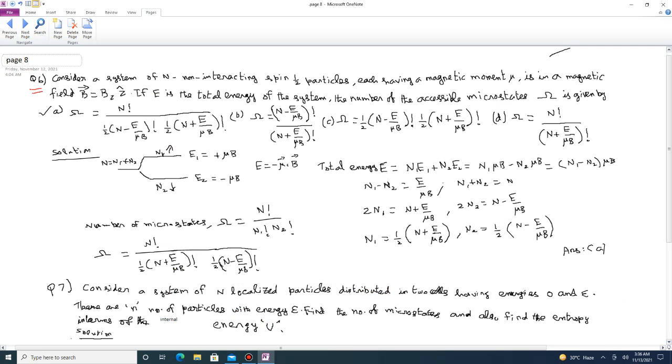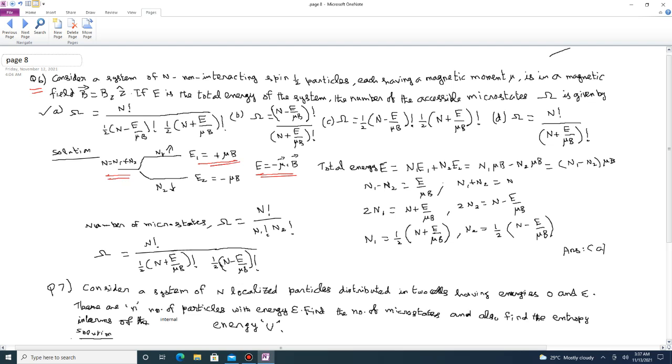Now let us discuss the solution. In the magnetic field it splits into 2 states with different energy, because the energy is E is equal to minus mu dot B. The magnetic moment with the spin plus half will have E1 equal to mu times B. If it has spin minus half, the energy will be minus mu B. Therefore, there are 2 energy levels.